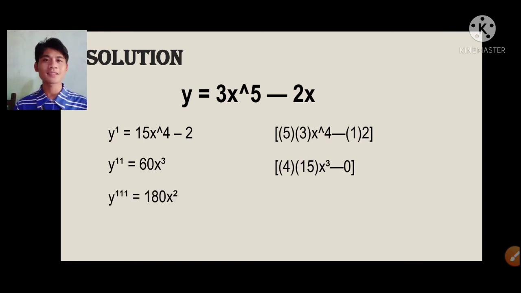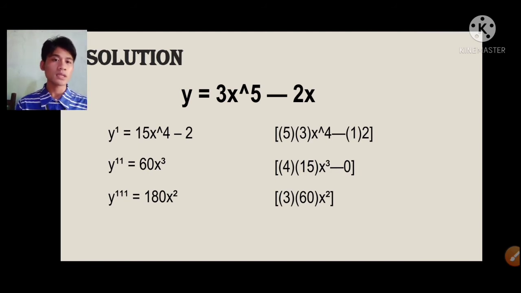So the third derivative of this given equation would be 180x squared. Is it because of this process? Again, we must apply the applicable rules. So from the new given, which is the second derivative, 60x cubed, we bring down, or multiply, the exponent 3 to our coefficient in the second derivative, which is 60.